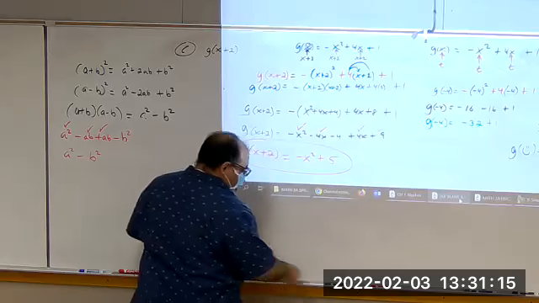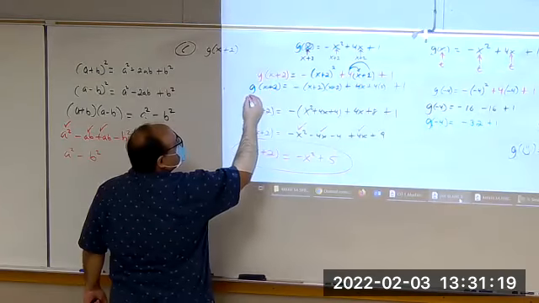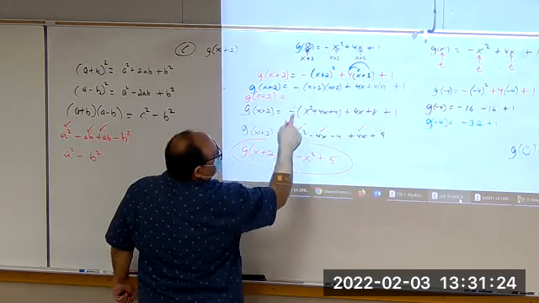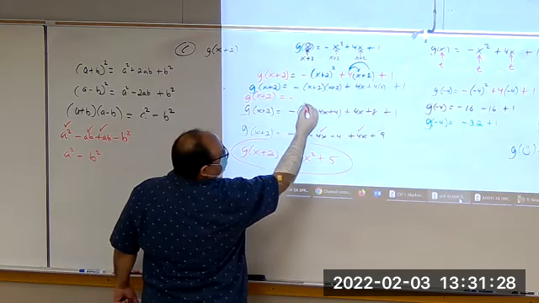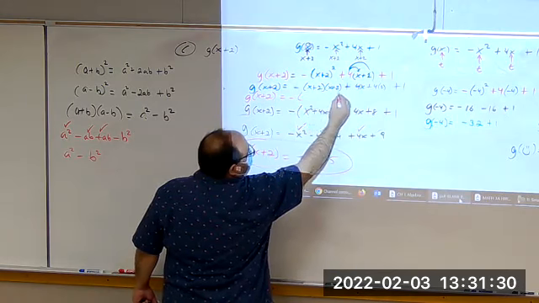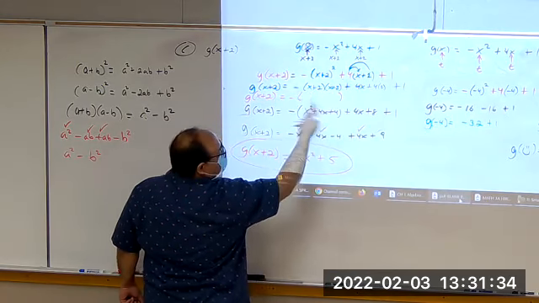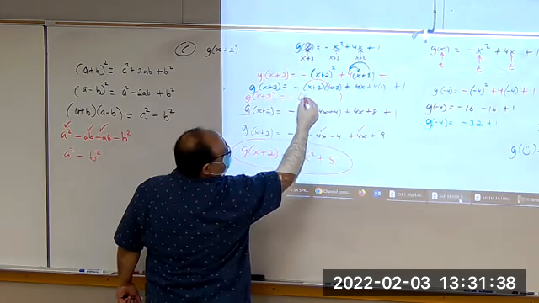So then what I did was I'm leaving the negative to distribute last, and I multiply the inside x plus 2 times x plus 2. So distribution. This x times that x is x to the second.